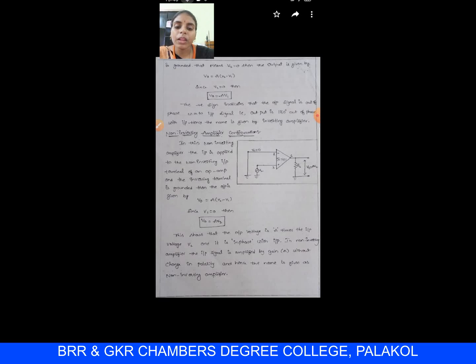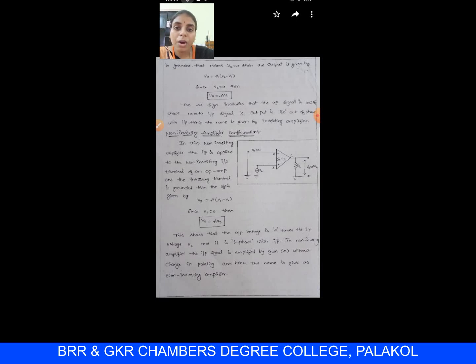Here there is no negative sign because the input is given to the non-inverting terminal. This shows that the output voltage is A times the input voltage V2 and it is in phase with the input. In a non-inverting amplifier, the input signal is amplified by the gain without change in polarity, and hence the name non-inverting amplifier.